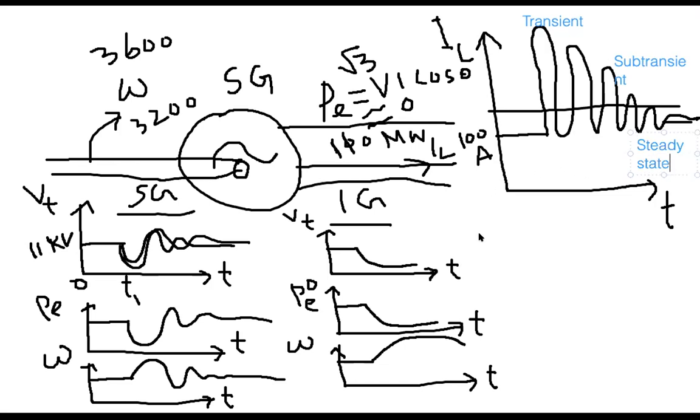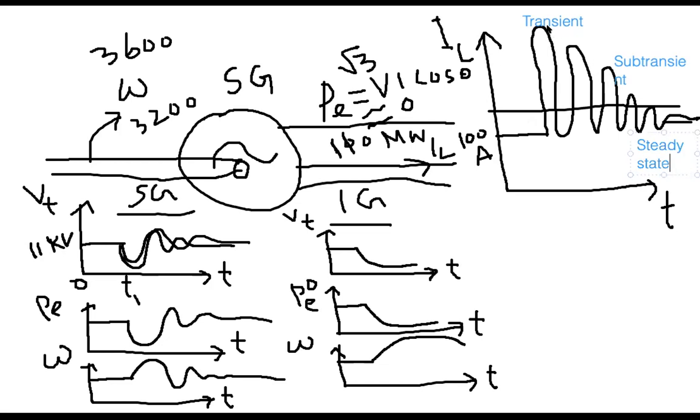Therefore, because today we are looking at the transient or the dynamics of machines due to a fault on the line, if I look at the current profile, first what happens? Current magnitude goes very high, and then gradually it comes down, and gradually it diminishes. It oscillates, and finally settles down.